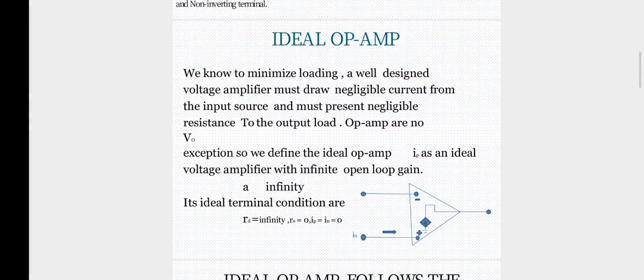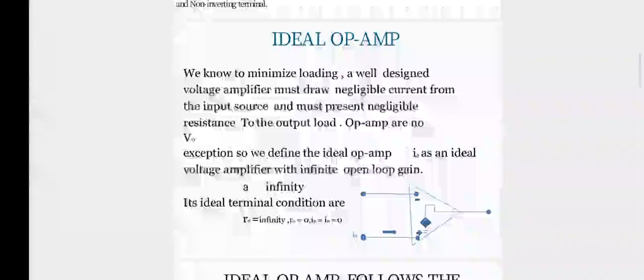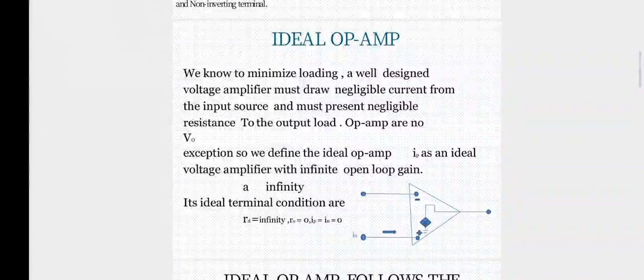Its ideal terminal conditions are Ri equal to infinity, Ro equal to 0, and Ip and In equal to 0. So the ideal op-amp is nothing but one that absorbs the minimum amount of voltage with zero resistance value.